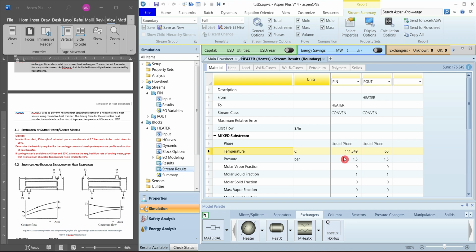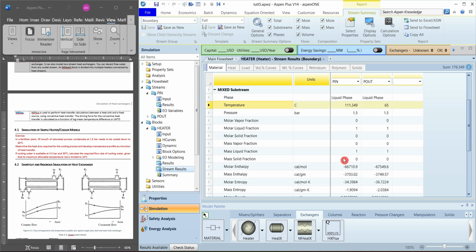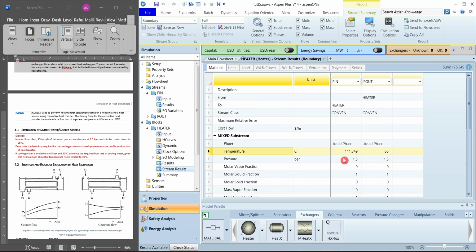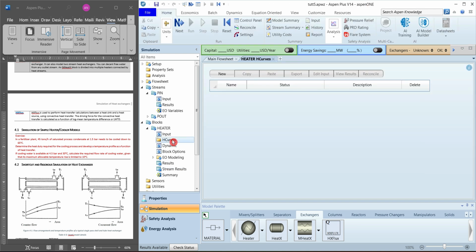That's the boiling point corresponding to 1.5 bar. As of now, there is nothing special to read on the stream summary, but we can further consider from this block the duty curve.